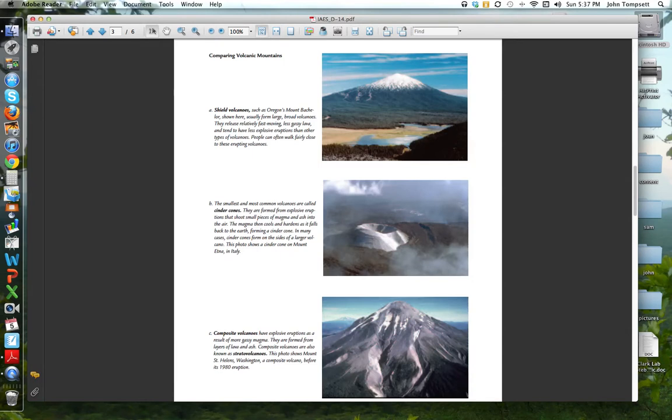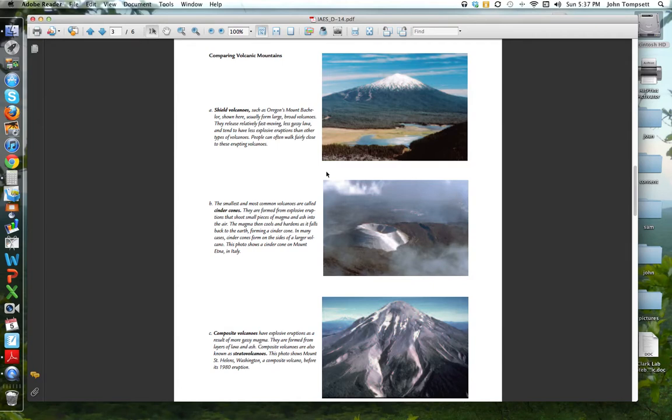Shield volcanoes, such as Oregon's Mount Bachelor, shown here, usually form large, broad volcanoes. These release relatively fast-moving, less gassy lava and tend to have less explosive eruptions than other types of volcanoes. People can often walk fairly close to these erupting volcanoes. So there are some things that you should know about shield volcanoes, and those things should go in your notes.